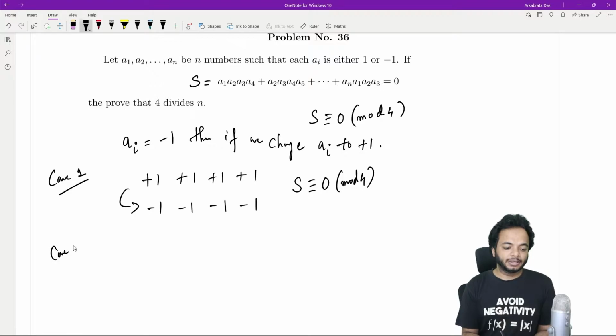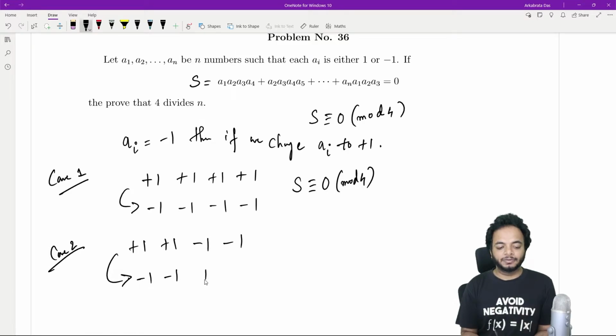Now let's take case 2. Suppose 2 of them were +1 and 2 of them were -1. Then the change will be like 2 of them will get -1 and the other 2 will get +1. The sum before was 0, and here also this sum is coming out to be 0 again.